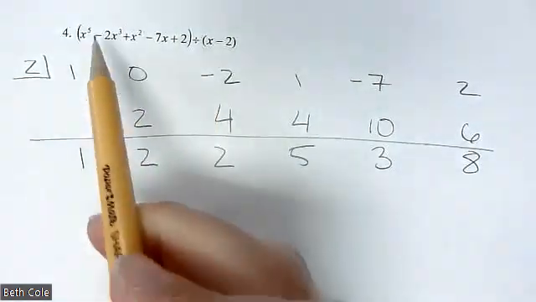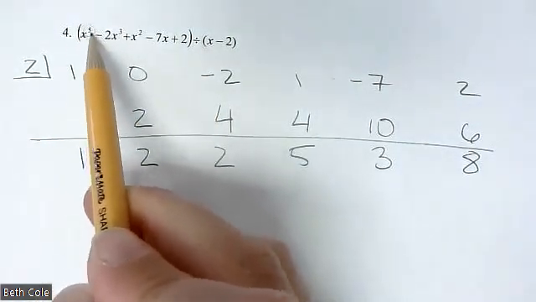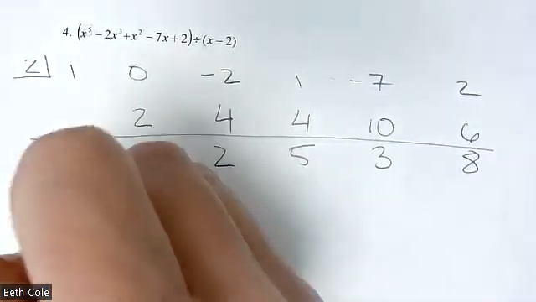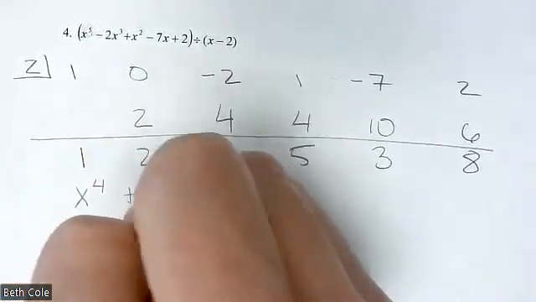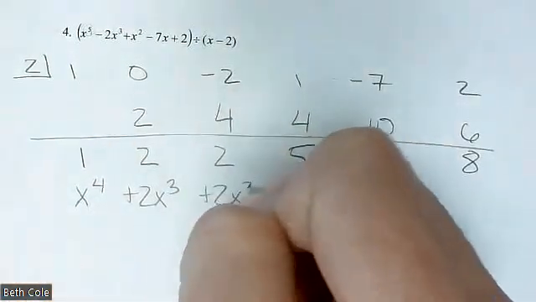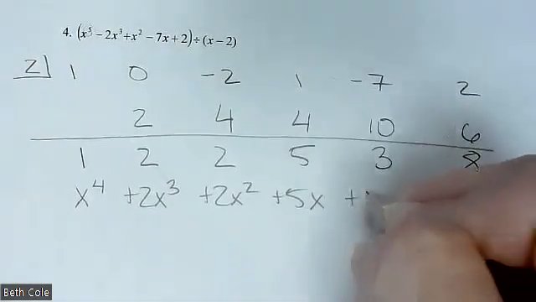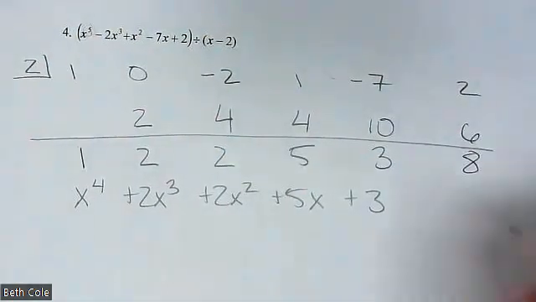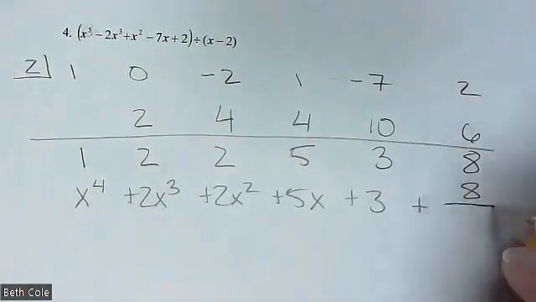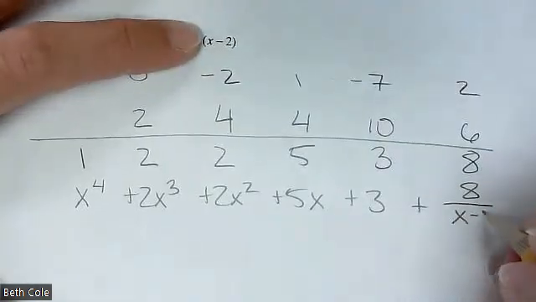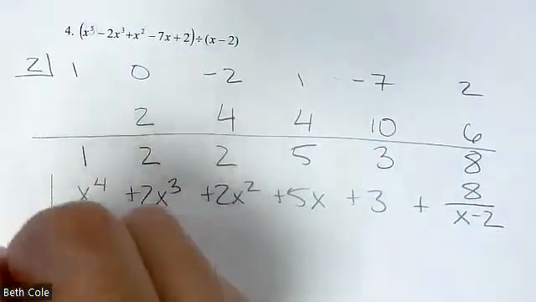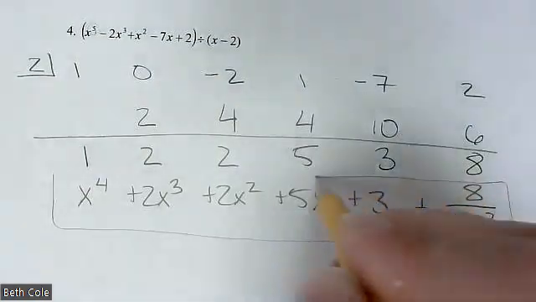And when you put your x's back in, you start with 1 less than you had here. So this was 5th, we're going to start with 4th. It'll be x to the 4th plus 2x to the 3rd plus 2x squared plus 5x plus 3 plus 8 over x minus 2. That one should have been easy peasy.